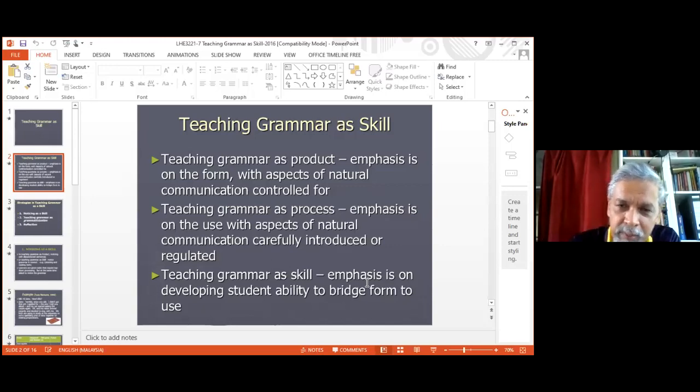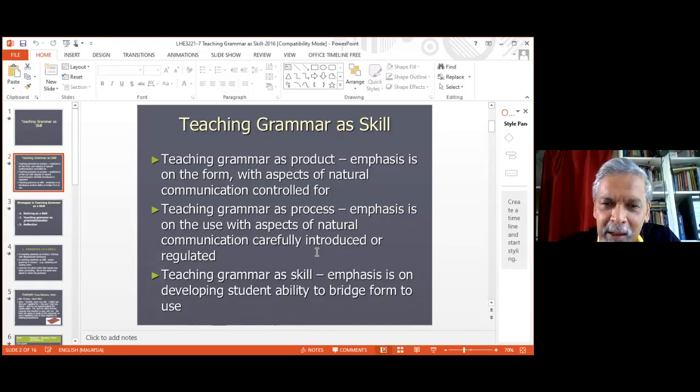Teaching grammar as process, emphasis is on the use with aspects of natural communication carefully introduced or regulated. So time, for example, we regulate it, maybe not much time or a lot of time, depending on the situation and so on and so forth.